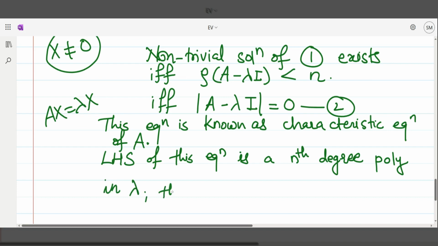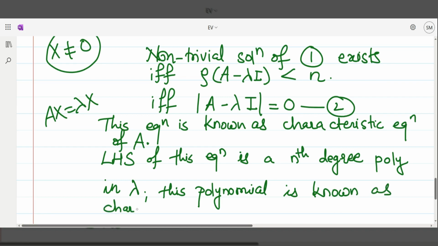This polynomial is known as the characteristic polynomial of A. So let me say it again.